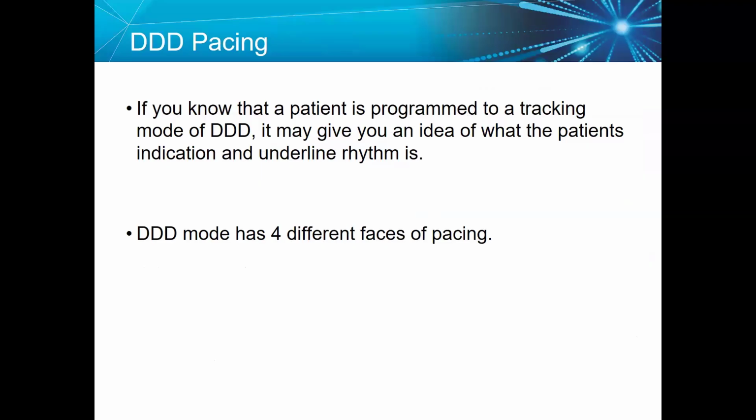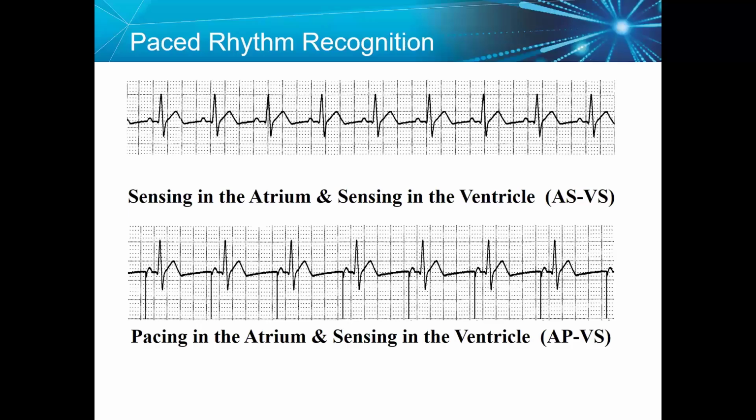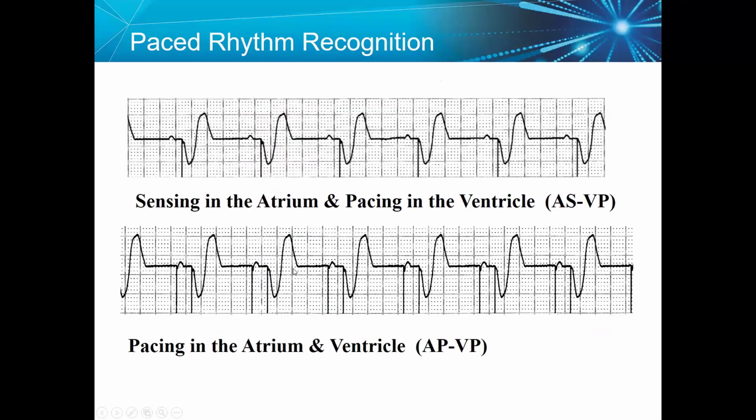In DDD mode there are 4 different phases of pacing: pacing or sensing in the atrium and sensing or pacing in the ventricle. A sense, V sense; or A pace, V sense; here A pace, and above, A sense, V sense. Here you have a pacing spike before the P wave, so atrial pace, and then ventricular sensing.